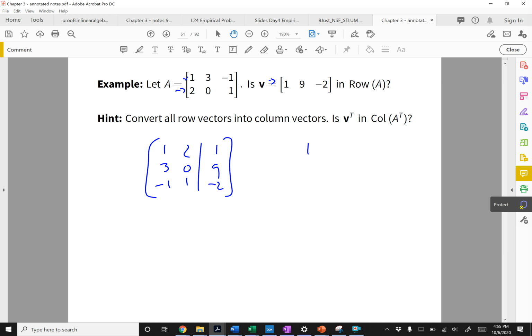The book does teach another way to do this. You don't have to do the transpose. You can write it this way, and they augment it at this bottom part.